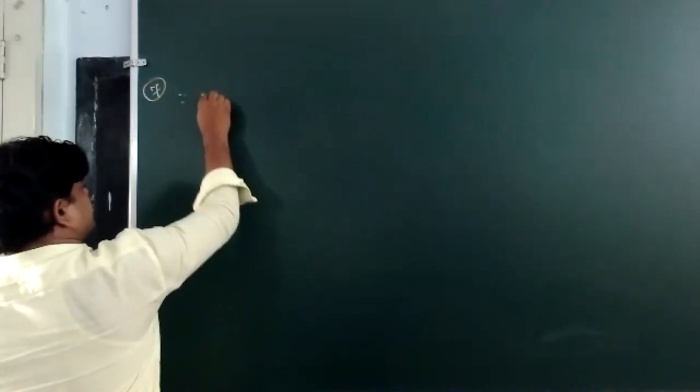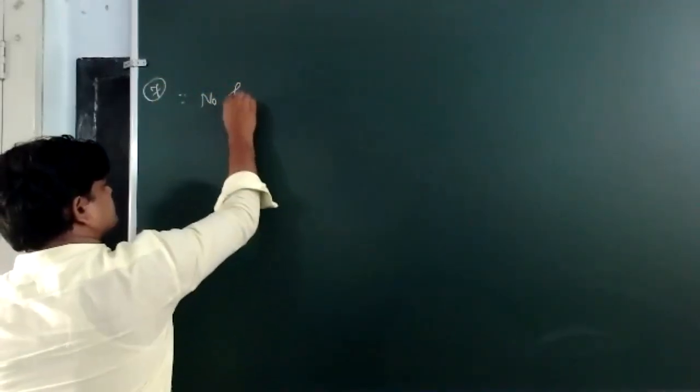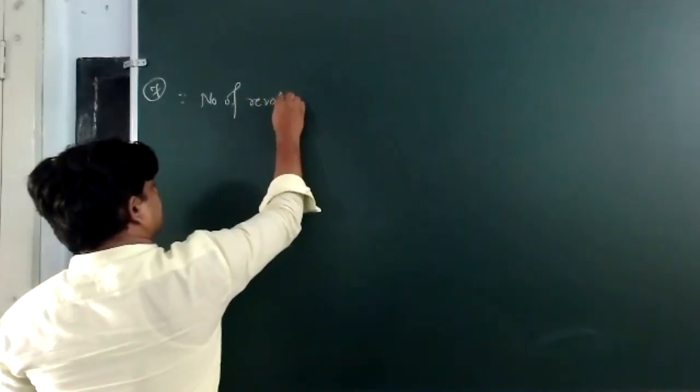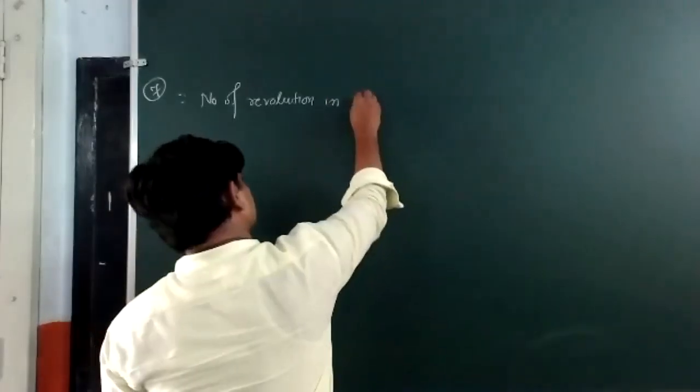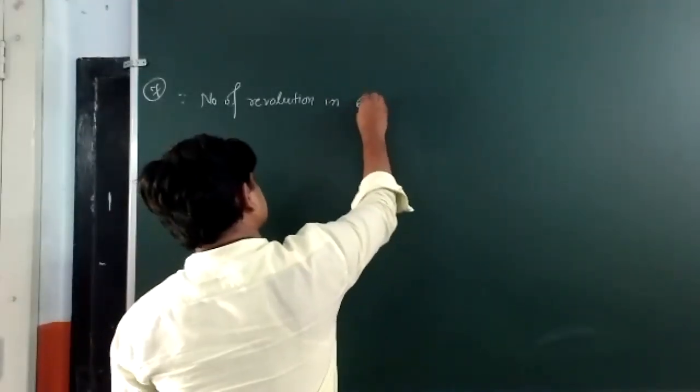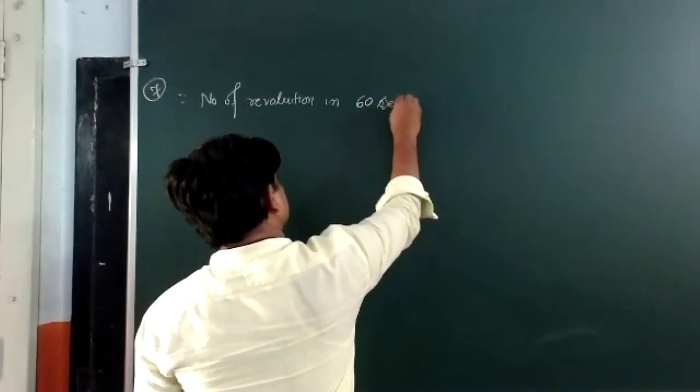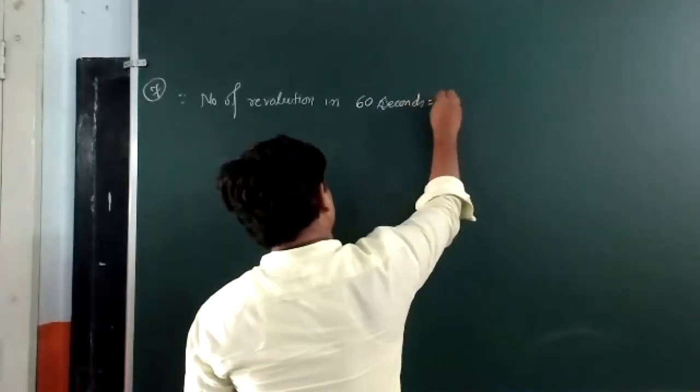So for question number 7, the number of revolutions in 1 minute, or I can say 60 seconds, is equal to 360.